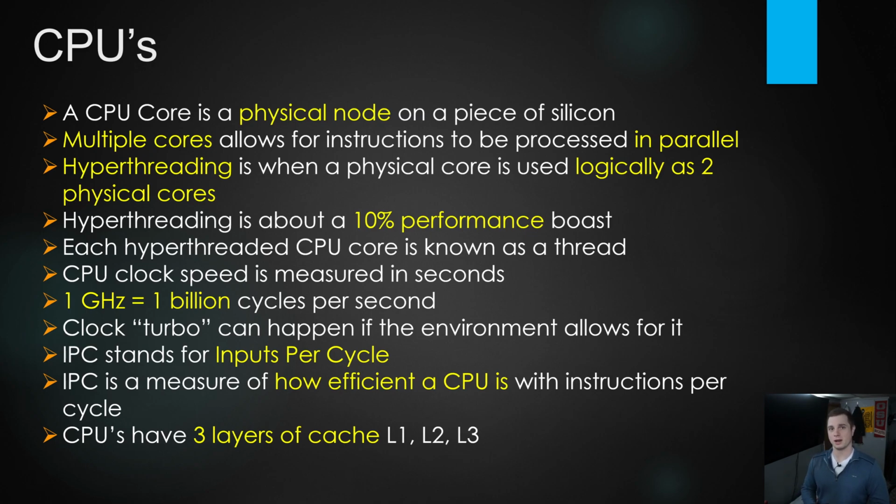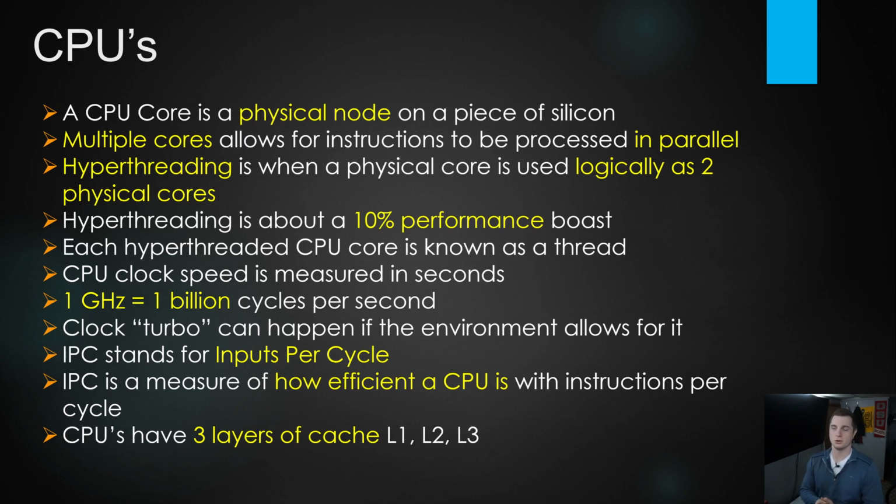Because of the overhead and the thread switching cost and other technical reasons, we don't want to get into too many details there. It's about a 10% performance gain, which is not trivial, but it is there if you need it.